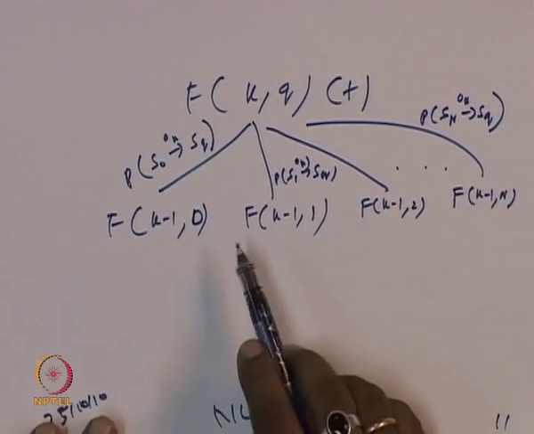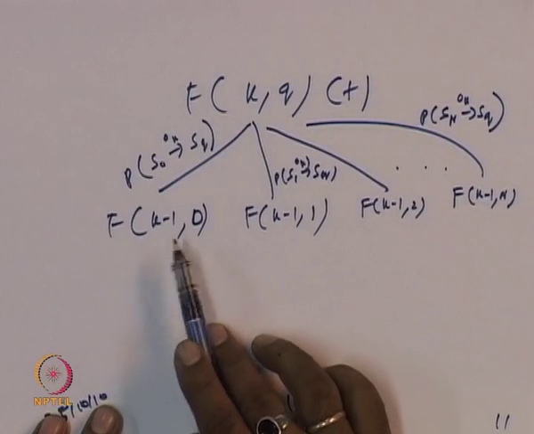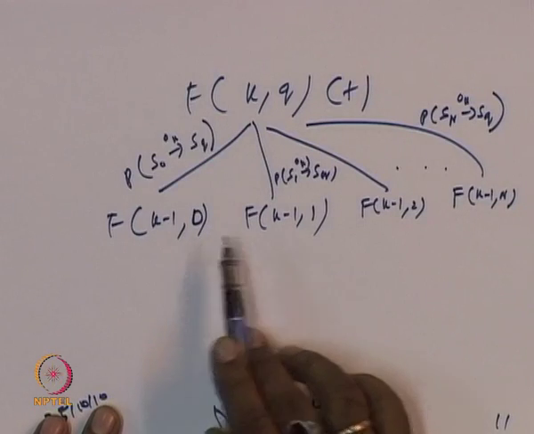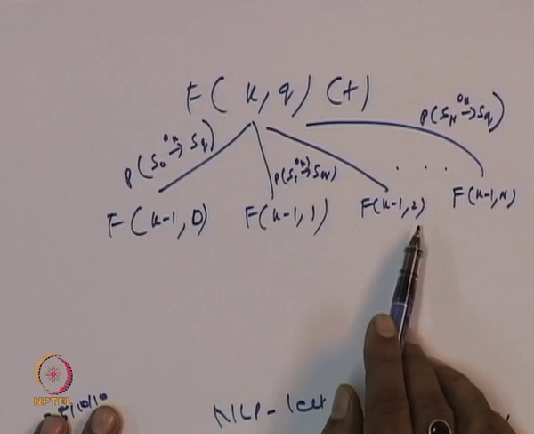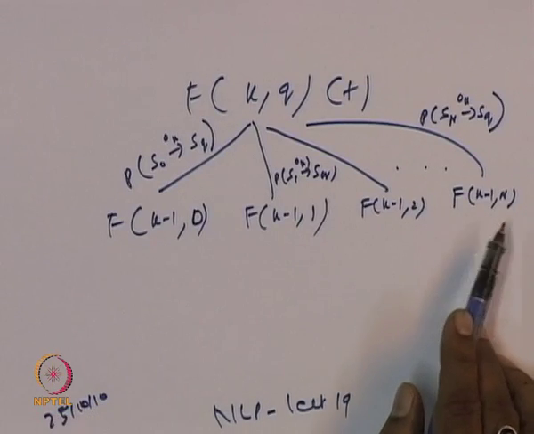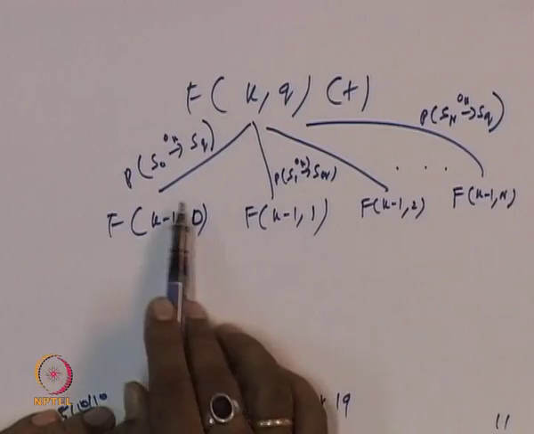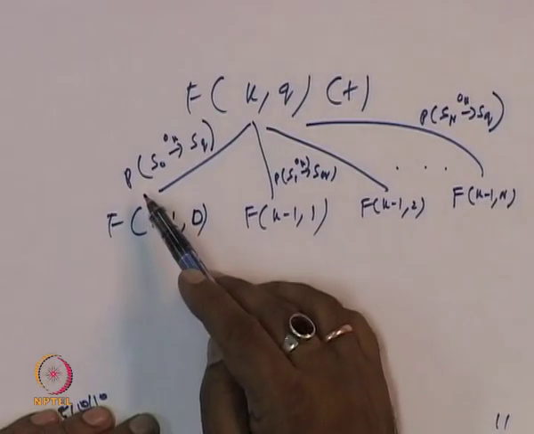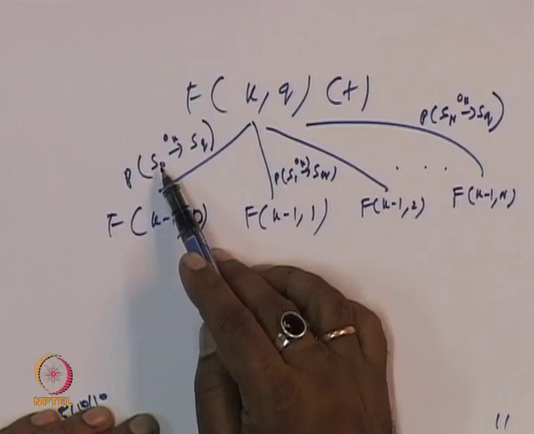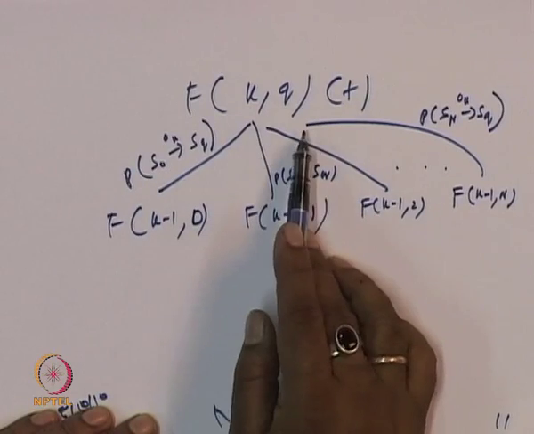So, f k comma q is obtained from f k minus 1 0, f k minus 1 1, f k minus 1 2 up to f k minus 1 n. So, there are these n computations of f, and each is multiplied by this transition, and finally, everything is summed up.